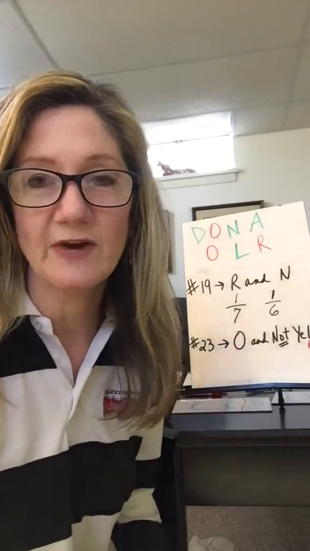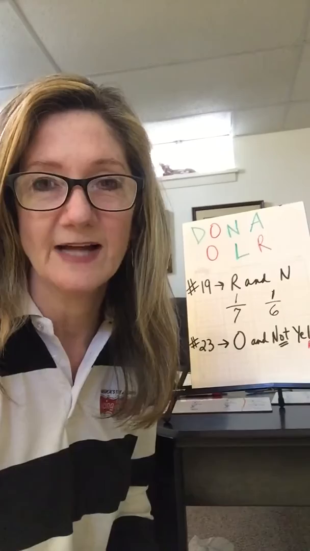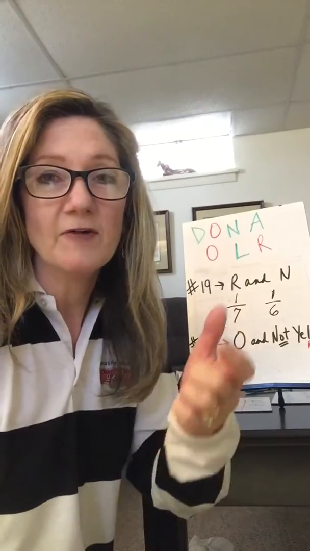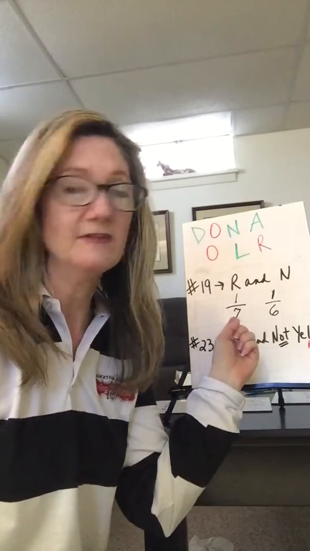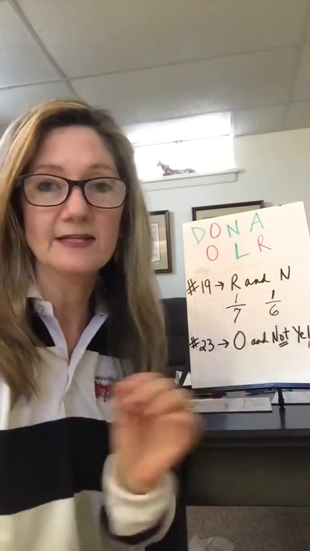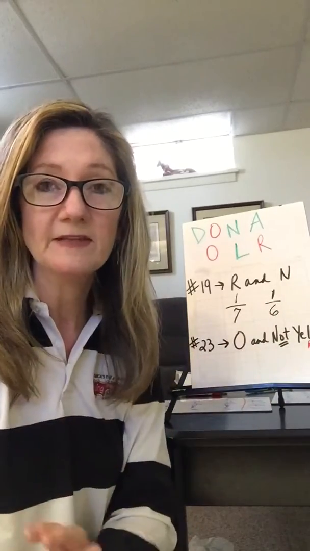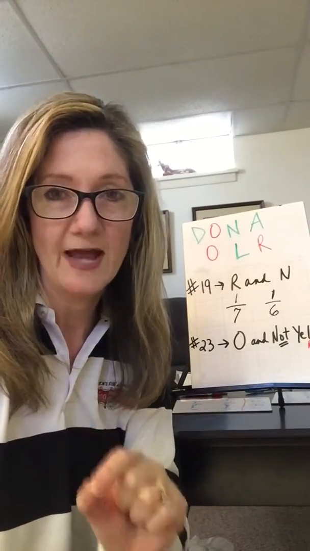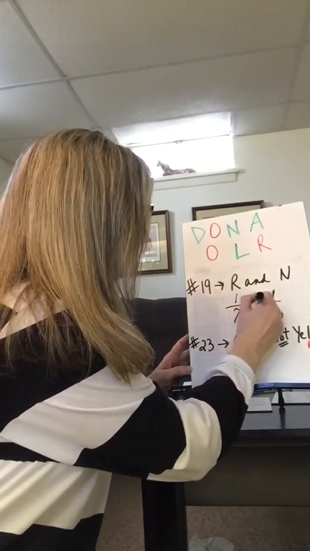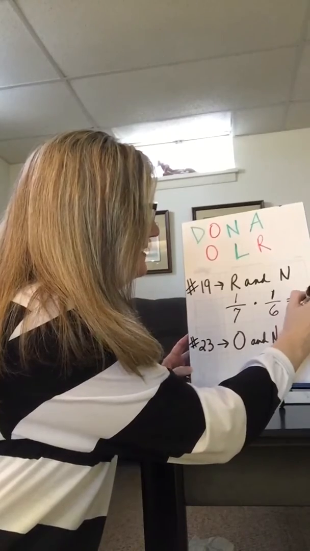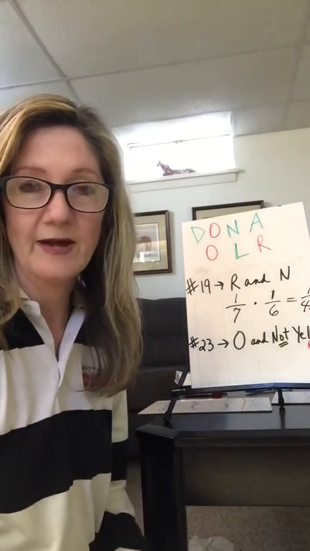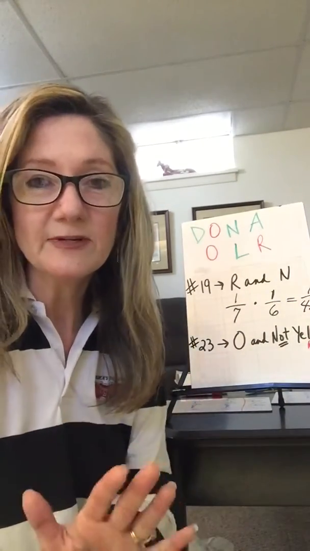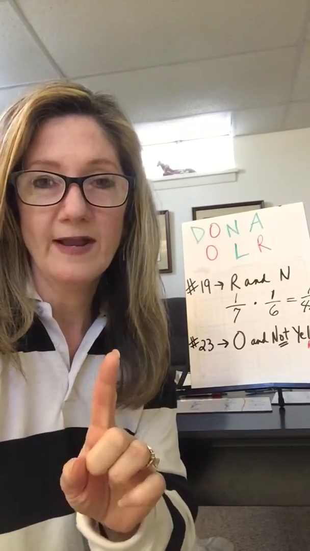Some of you are still just writing these two amounts down, and you're not realizing that the probability of this happening is 1/7, and the probability of that happening is 1/6. But the probability that those two events will both happen involves multiplying them together. So the answer would be 1/42.